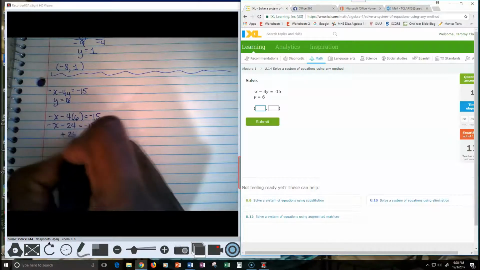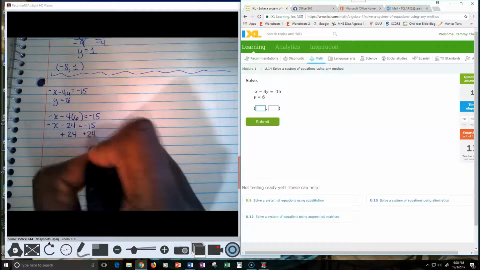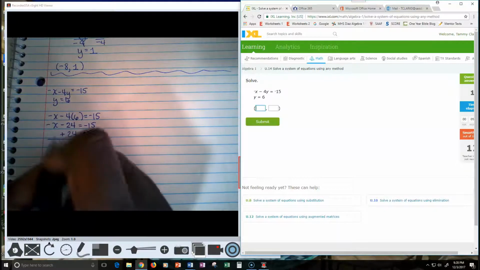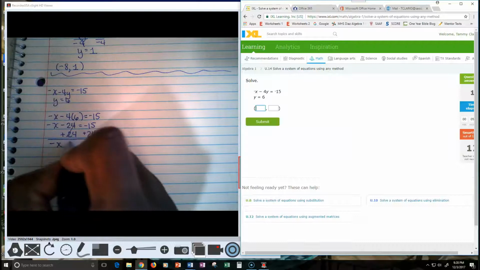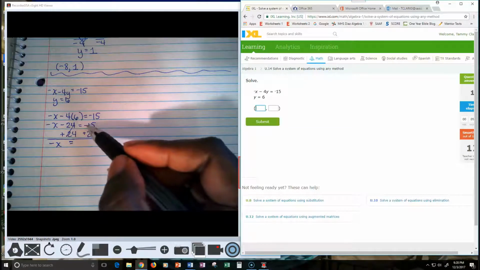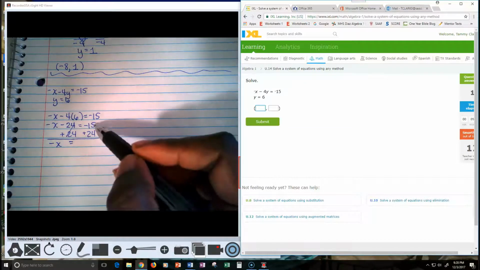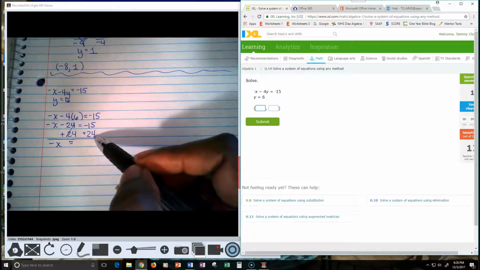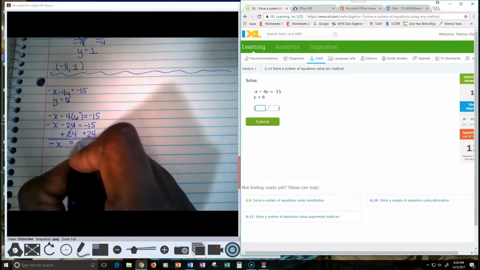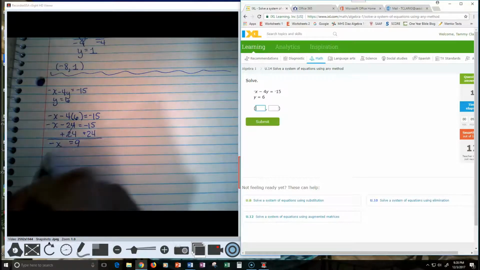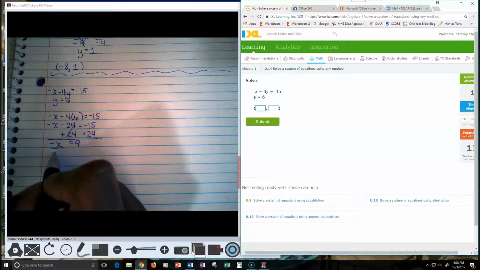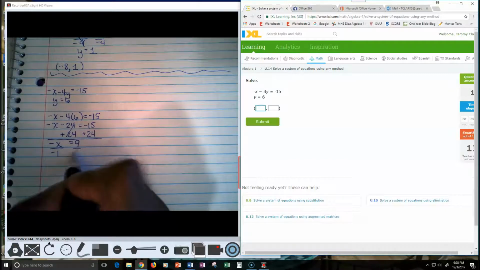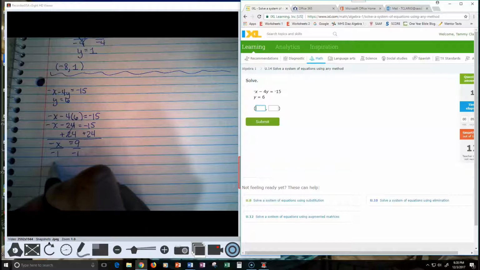We're going to add 24 to both sides of the equation. And I have negative x is equal to, well, I have opposite signs, so I'm going to subtract 15 from 24. That gives me 9, and the larger number is positive, so negative x is equal to 9. But keep in mind, I don't want my variables to be negative, so I'm going to divide by negative 1 on both sides of the equation, and I'm left with x is equal to negative 9.